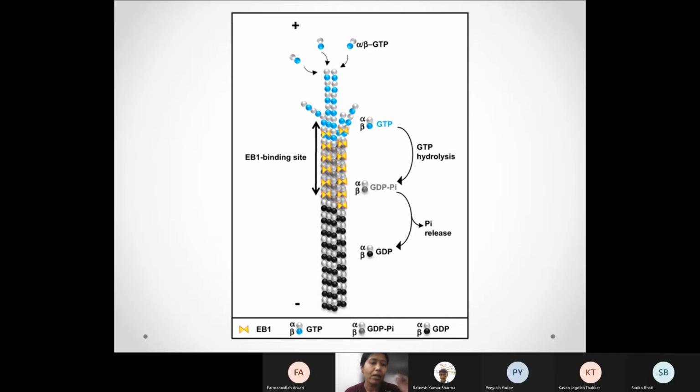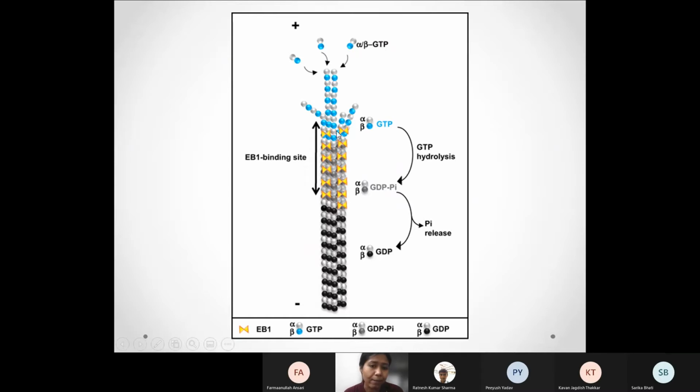The GTP has been hydrolyzed, but the inorganic phosphate has not left the cleft. So it gives rise to a different conformation which is somewhat stable, more stable than the GDP bound form. It's the same as actin, right? Because this GDP bound lattice is under strain and would like to depolymerize.